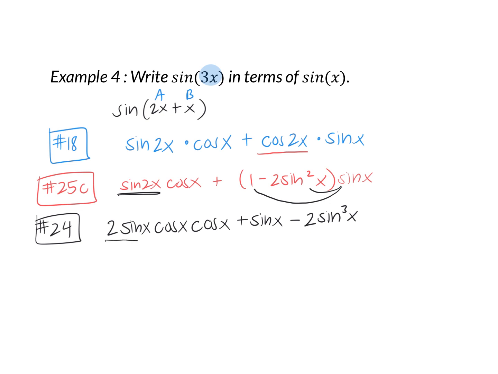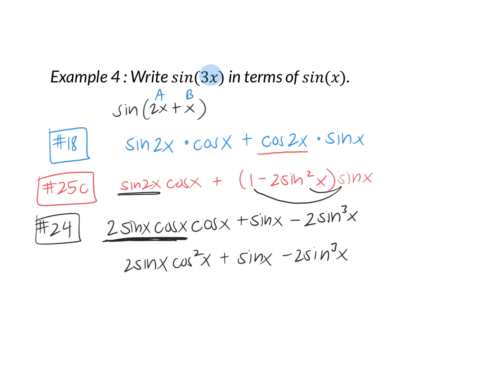Okay, so I used that number 24 to rewrite sine of 2x into 2 sine of x times cosine of x. Which, can I simplify this piece? How could I rewrite that first term? 2 sine of x cosine squared. Yeah. And that's still quite a bummer because I have a cosine squared of x. But what do I know about cosine squared of x?